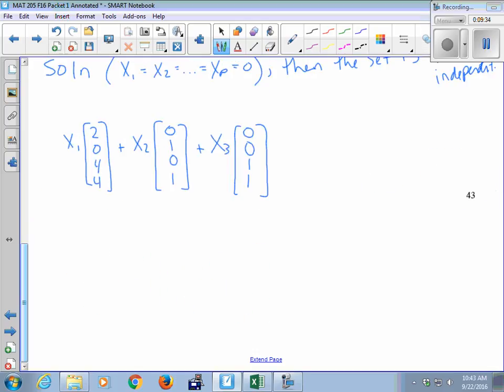I want to set that equal to the zero vector, which, since all my vectors have four entries, is a four-entry zero vector.